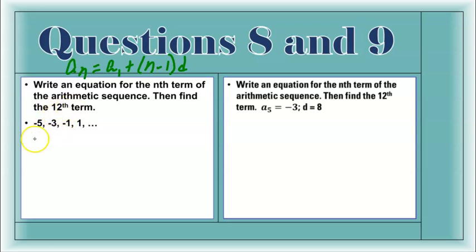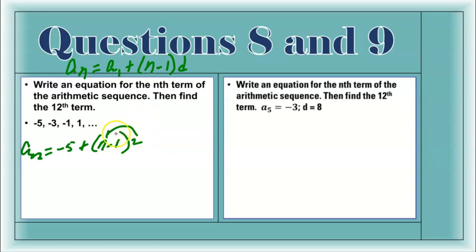So to find the 12th term, I'm going to do a subscript 12. And we have to write an equation for this first. So to do that, I'll do a subscript n equals the first term of negative 5 plus n minus 1 times the common difference of 2.